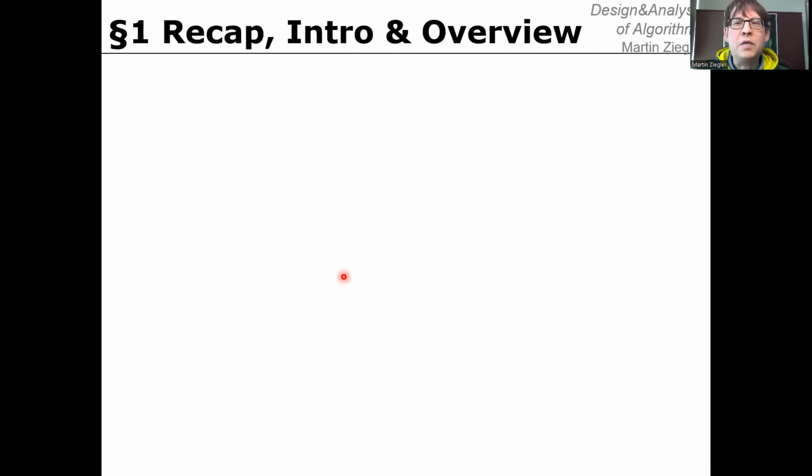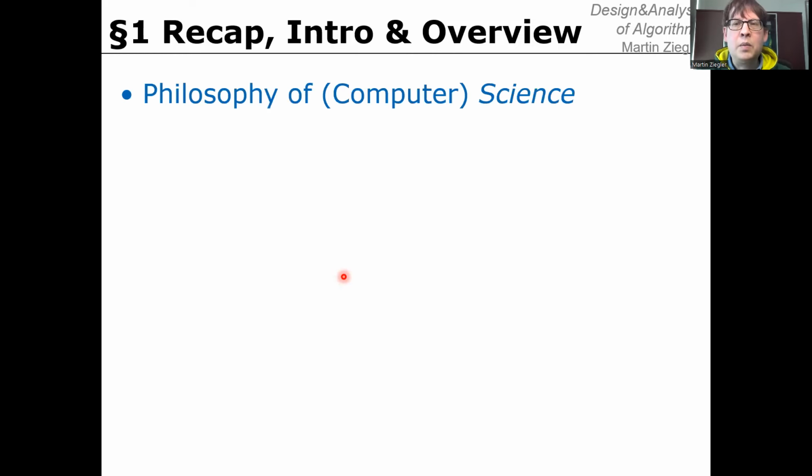Chapter 1 will cover the following aspects. First, we'll talk a little bit about the philosophy of science, particularly on computer science. What distinguishes computer science from, let's say, electrical engineering, although both arguably usually revolve around digital data processing technology.